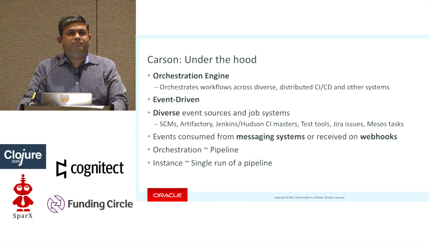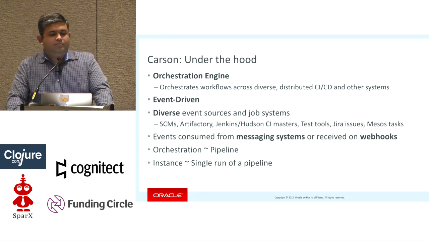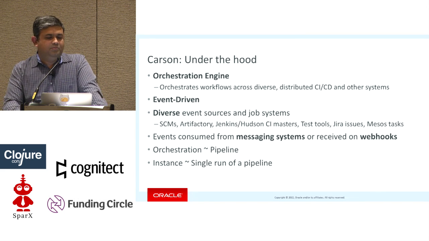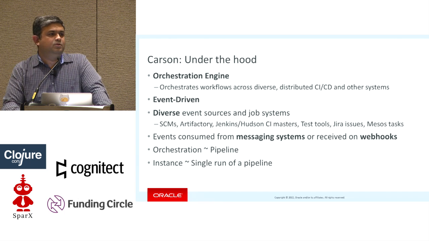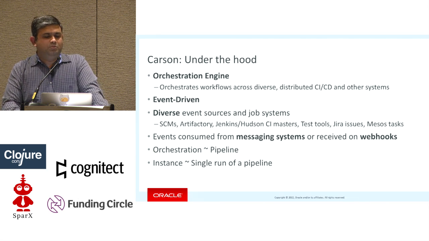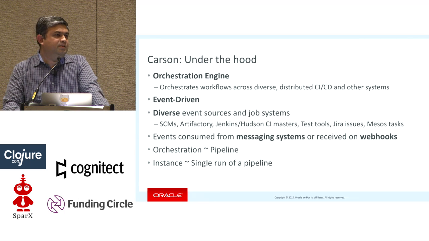So we have, at the last count, probably 6 different source control management systems. Multiple Jenkins Hudson instances, test tools. We have test farms, Mesos, Kubernetes. We're using pretty much everything that's out there. And the events can be consumed from messaging systems like ActiveMQ or Kafka or RabbitMQ.